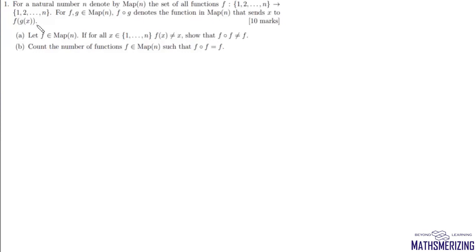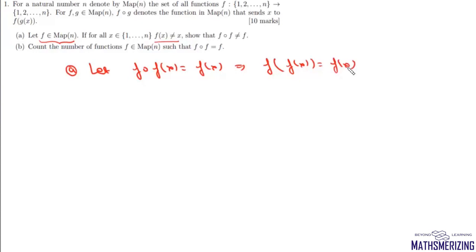Now this first question says, if for any f which belongs to this map n, f(x) is unequal to x, then show that f of f is not equal to f. We'll prove this first result by contradiction. So let f(f(x)) be equal to f(x).